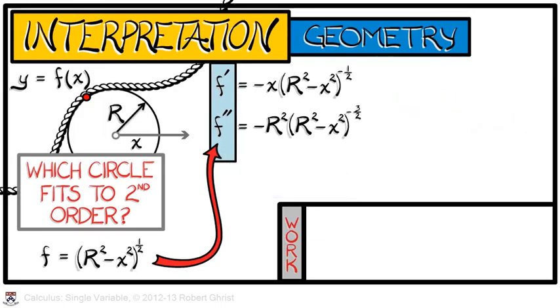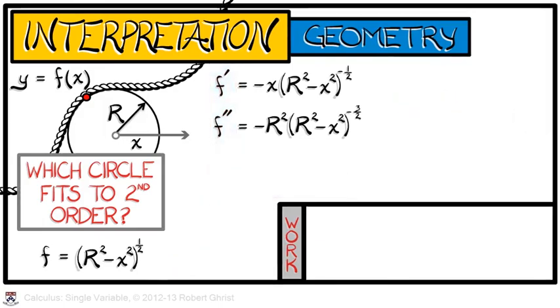Let's do some manipulations. Taking the first equation and squaring it gives us, on the left, f prime squared. On the right, negative x squared, that is, positive x squared, times r squared minus x squared to the negative 1.